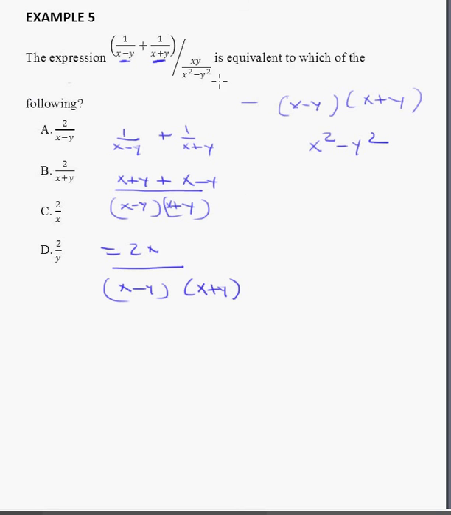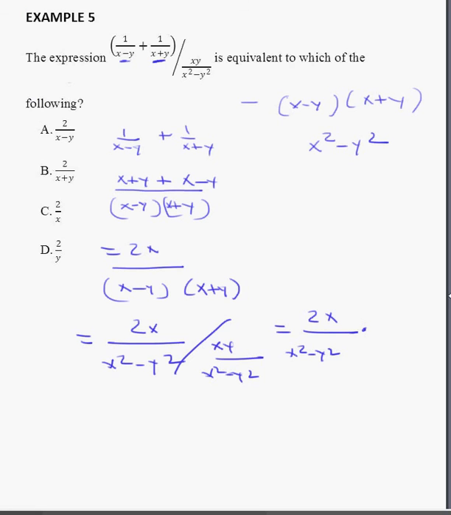Now, since we are dividing it by a simplified version of this, let's say this is therefore equal to 2x divided by x squared minus y squared, right? But now I have to divide the whole of this by xy times x squared minus y squared, which is the same thing as 2x over x squared minus y squared times, now I'm going to flip x squared minus y squared, and divide it by xy.